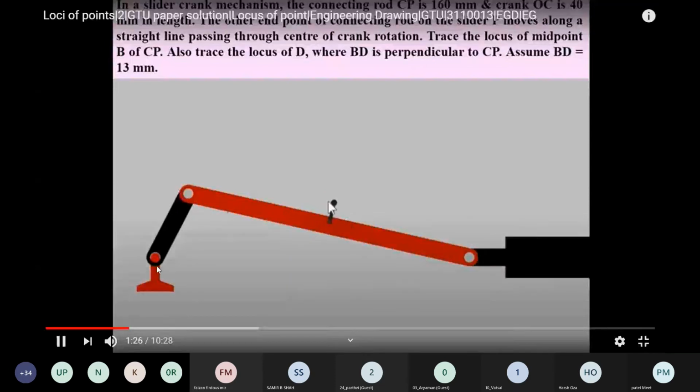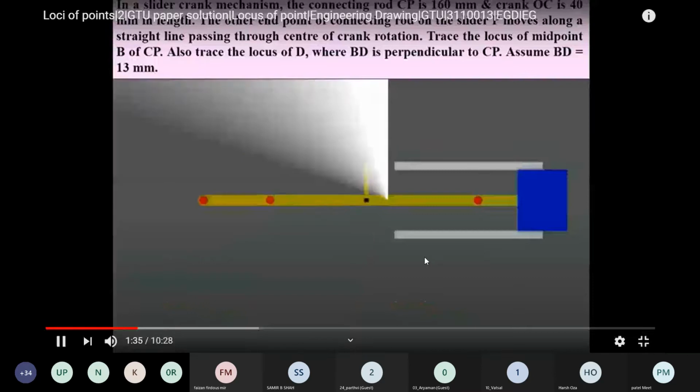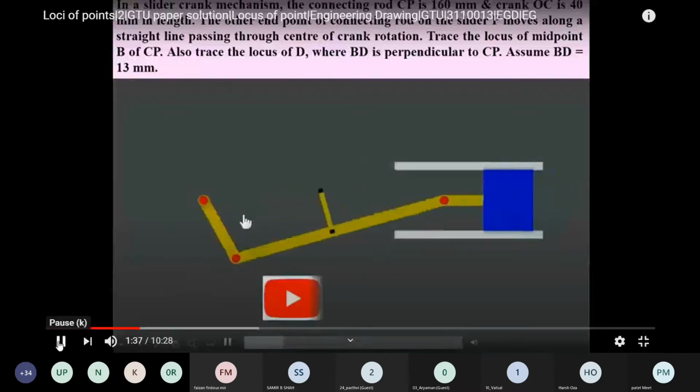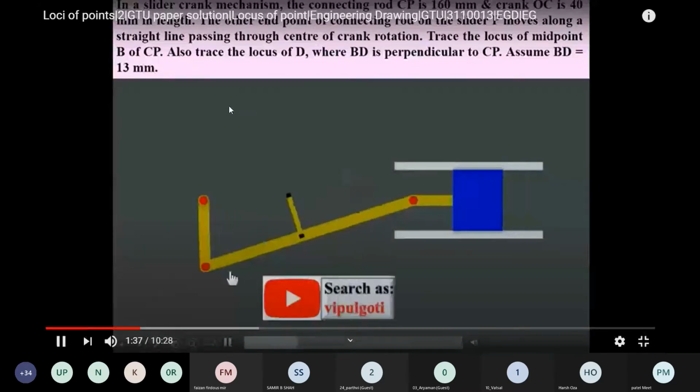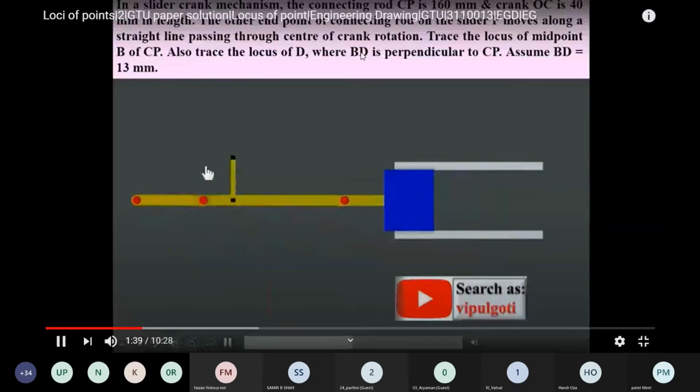So initially you remember that this is the crank and this is the connecting rod. The crank is 40 mm, the connecting rod is 160 mm, and the center distance is given to you. I will just read the data.